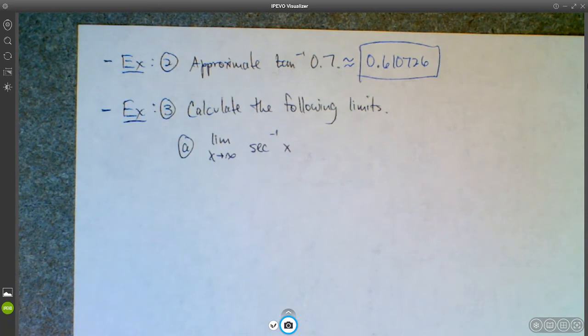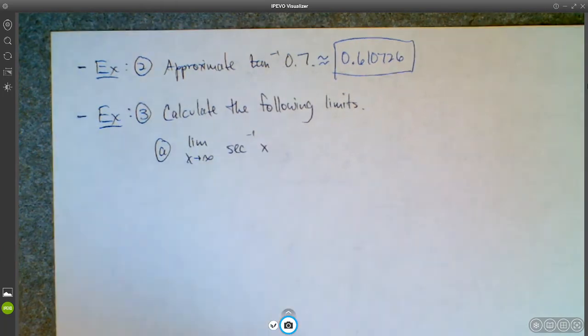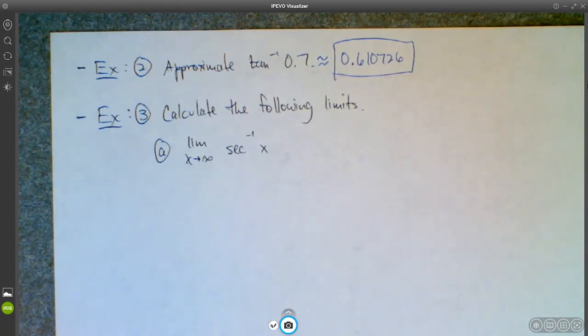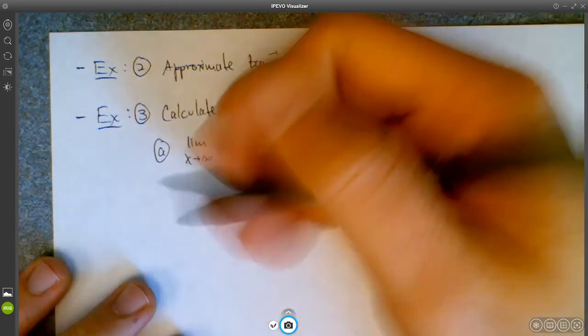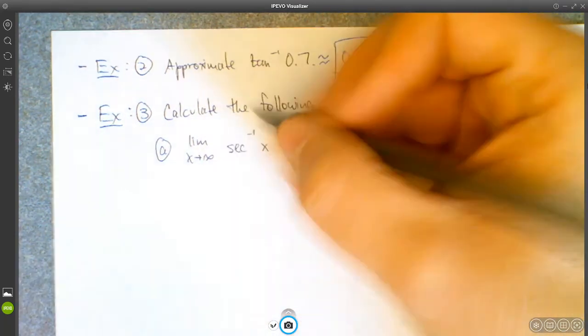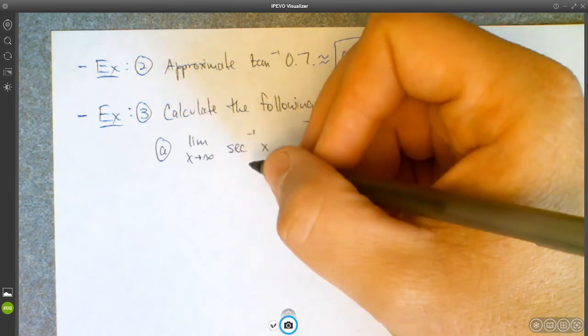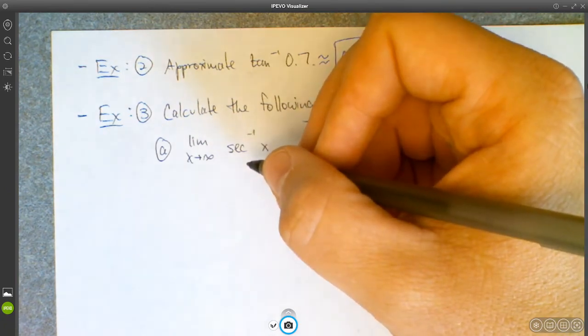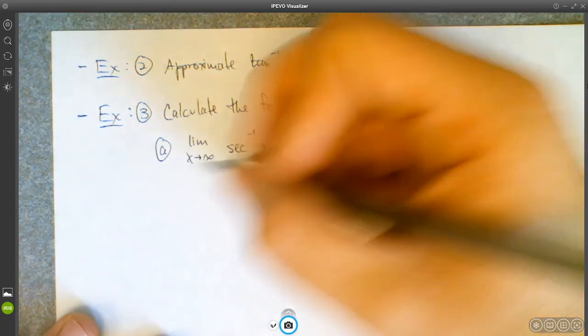Another way to do it would be to think about what the graph of secant inverse of x looks like. We just took a look at it together a second ago. Let's see if we can recreate it from memory. The restriction for the secant function in order to define the inverse is that you're going to be between 0 and pi, except that at pi over 2 you have a vertical asymptote.